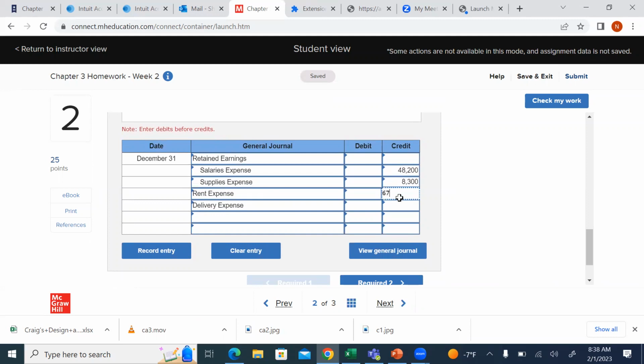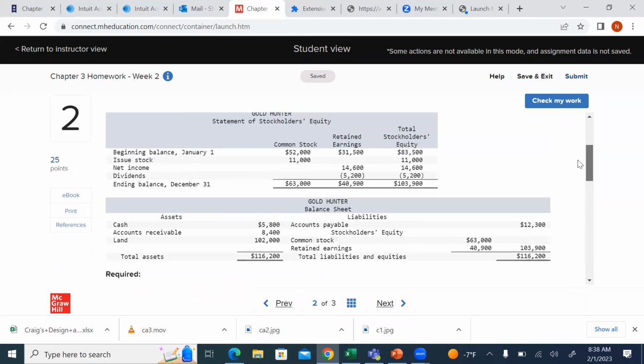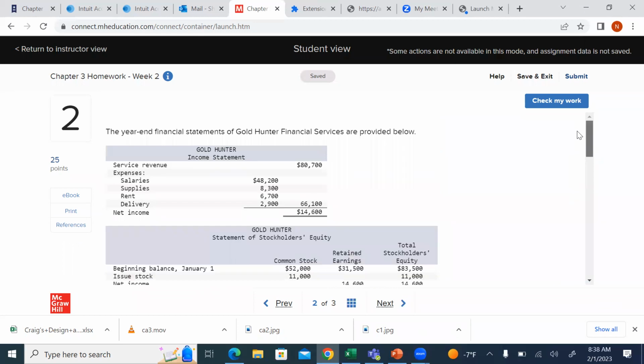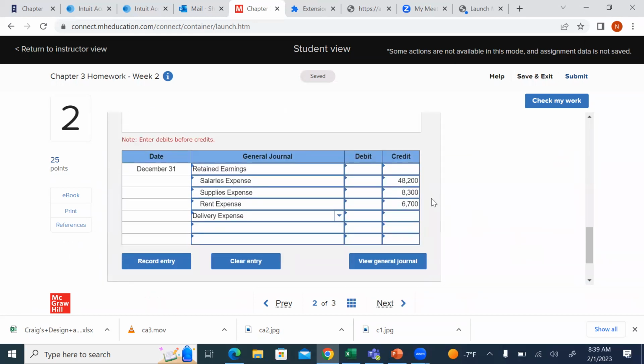Supplies, 8,300. Rent, 6,700. Delivery, 2,900. And what will we debit to retained earnings? 66,100.